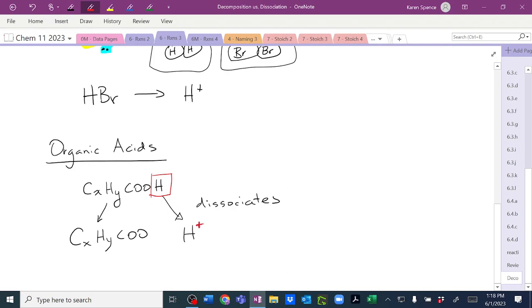That's weird, right? Because the cation is on the wrong side. Normally the cation is at the beginning, but here the cation is at the end.